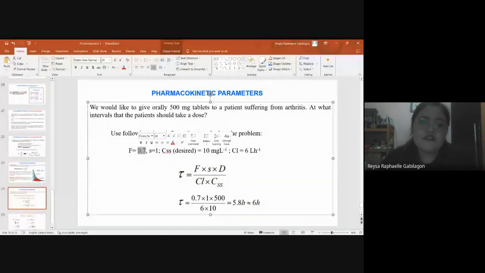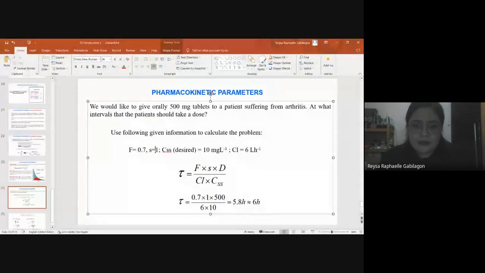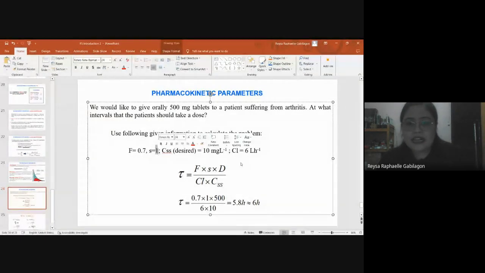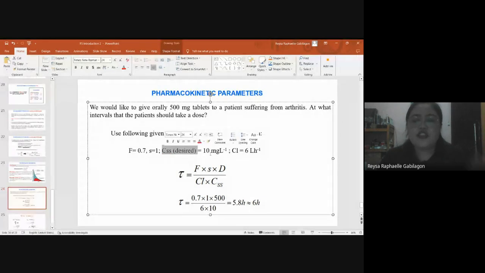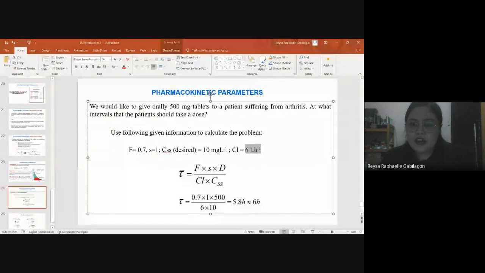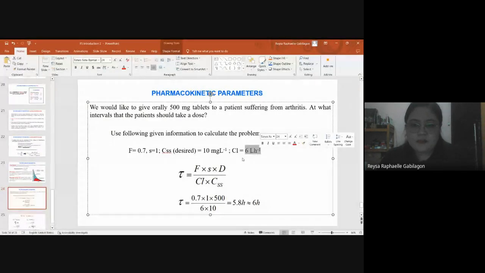That's the amount of the drug that reaches the bloodstream. And then for this drug para sa arthritis, the salt factor is 1. Now the desired steady state concentration is 10 milligrams per liter, and this drug is eliminated 6 liters per hour.